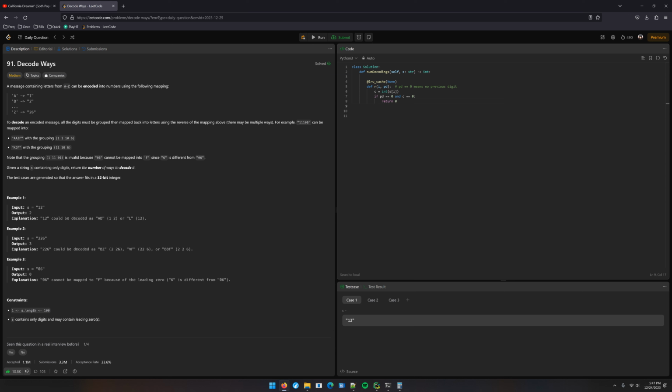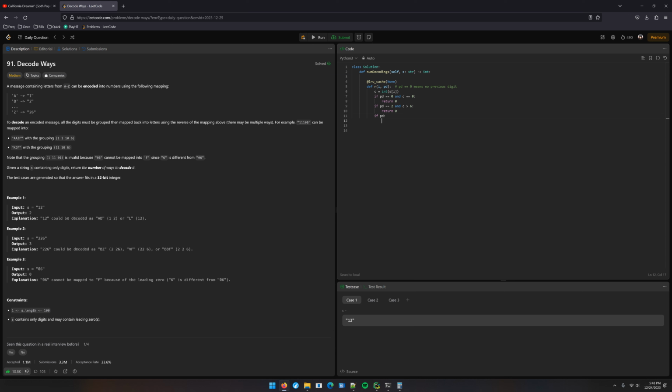Now, if the previous digit is 2 and C is greater than 6, then there are 0 ways to do it. If the previous digit is anything else, then we have exactly 1.